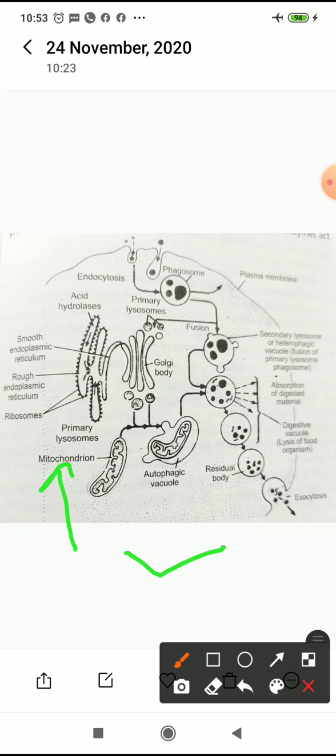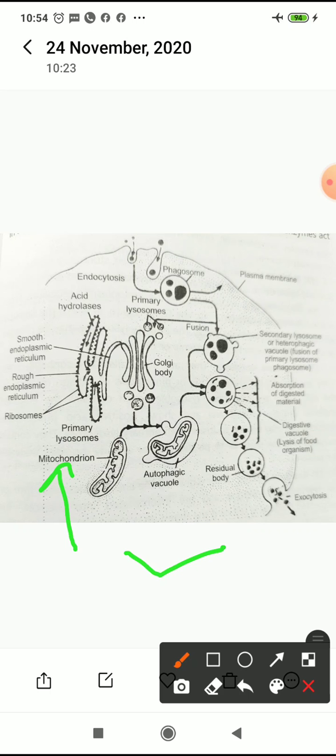Now types of lysosome. Actually lysosomes are polymorphic, showing irregularities in size and internal structure even.